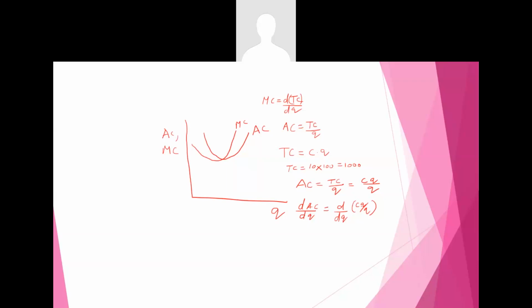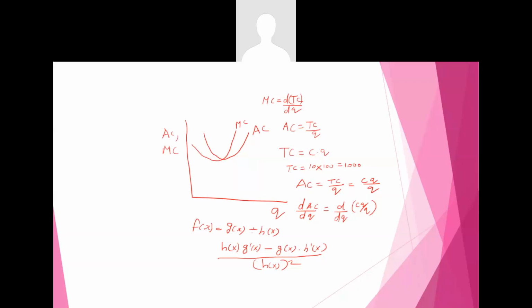Here we can apply the quotient rule, because we have two differentiable functions, CQ divided by Q. Of course, you know that if f(x) = g(x)/h(x), then by the quotient rule you write the derivative as h(x) into g'(x) minus g(x) into h'(x), whole divided by h(x) whole squared. That is how you apply the quotient rule.